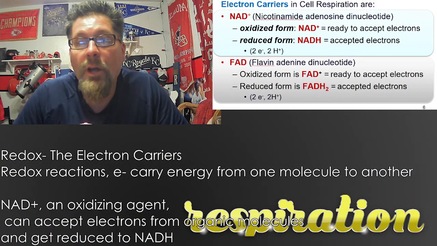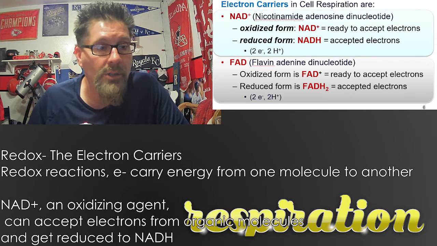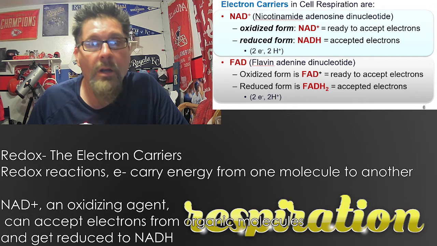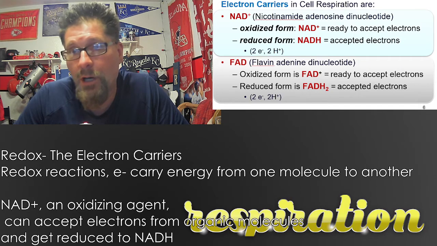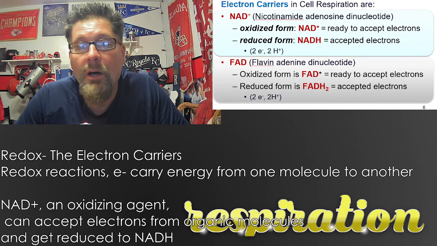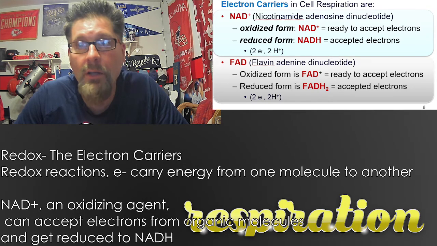All right, so again, just reminding you about the redox situations. You're going to be seeing NAD plus and FAD, and we saw these two slides in chapter 6, but I just wanted to remind you of what this stuff looks like.